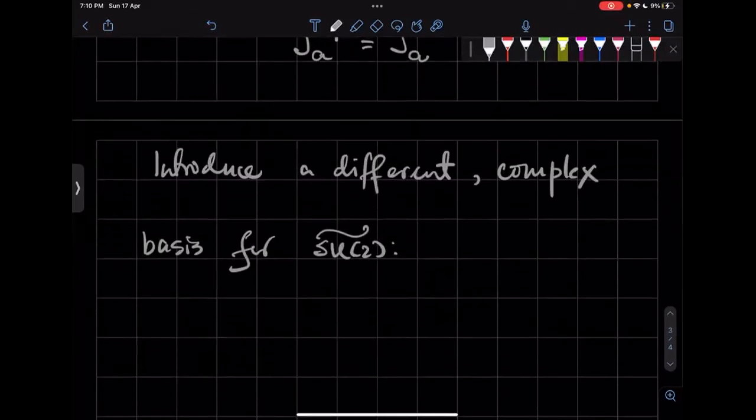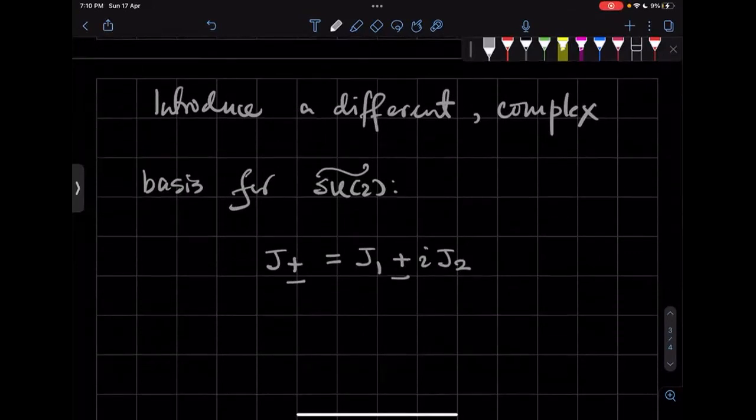And we define J plus to be J1 plus i times J2. And we define J minus to be J1 minus i times J2. And we keep J3 as it is.